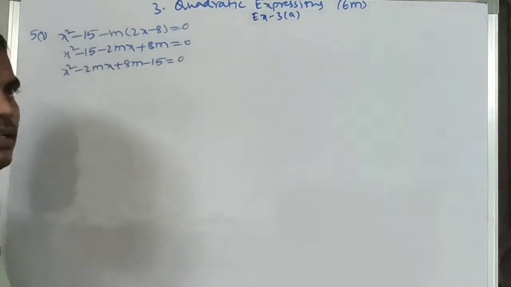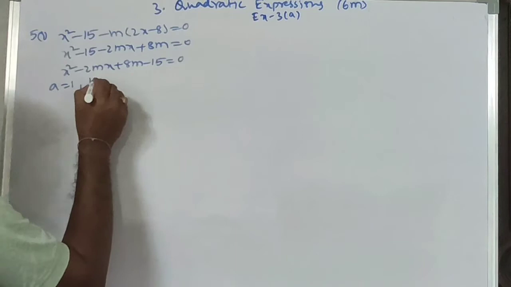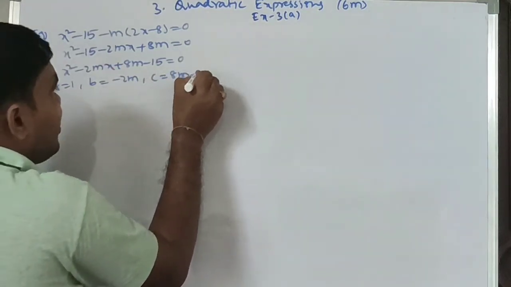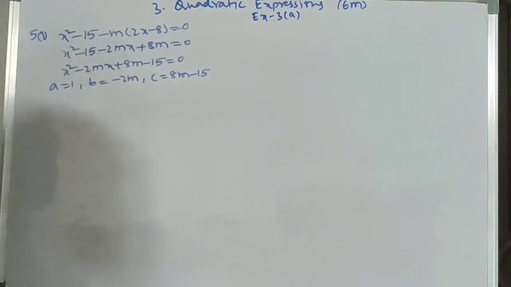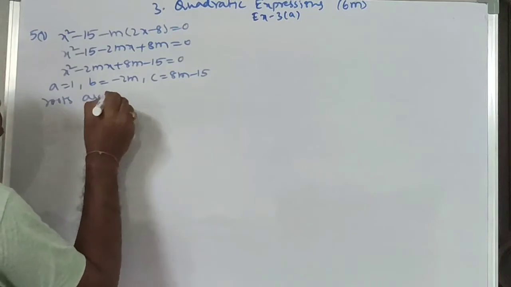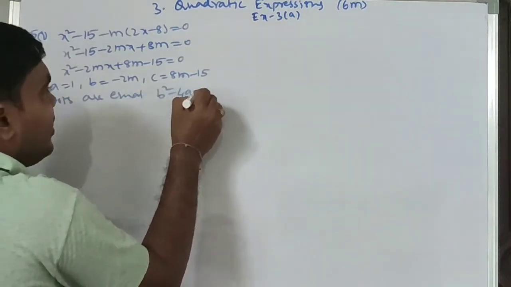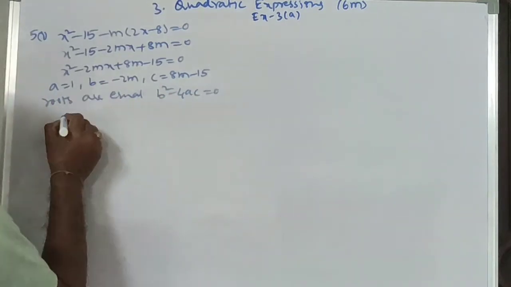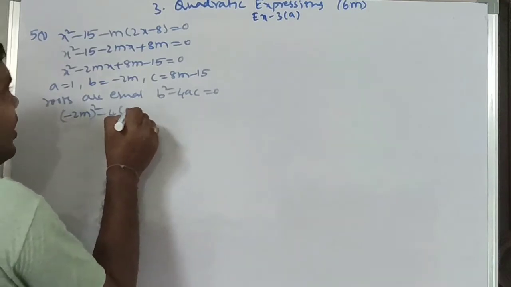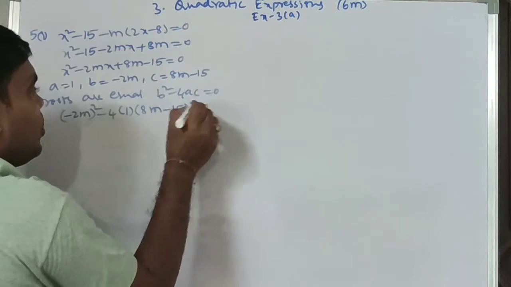So I want to compare with the general quadratic equation. A equal to 1, b equal to minus 2m, c equal to 8m minus 15. So these are a, b, c. So roots are equal. When roots are equal, b square minus 4ac equal to 0. So b square, minus 2m whole square, minus 4 into 1 into c, 8m minus 15, equal to 0.